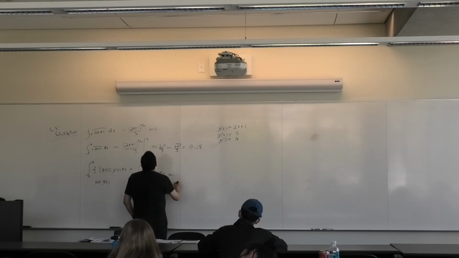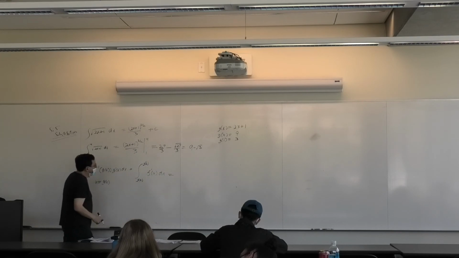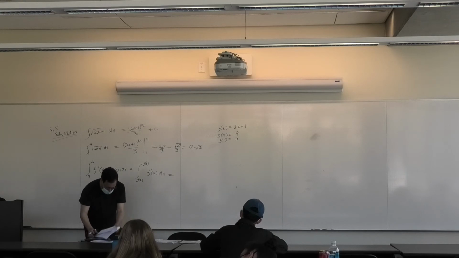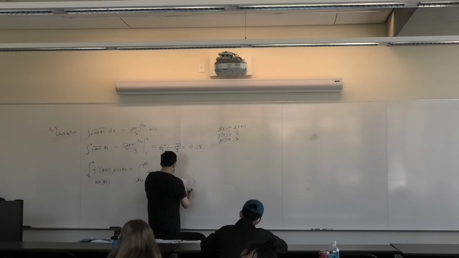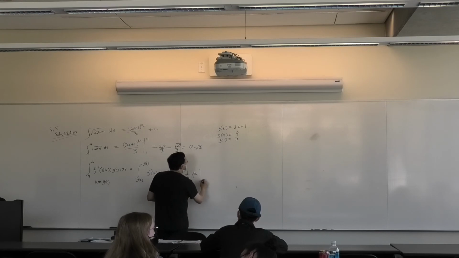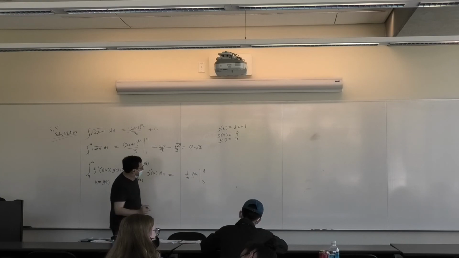So this is going to be, now we have to do this problem again. This turned out to be 1/3 cubed to the 3/2. But now it's from 3 to 9. Right?